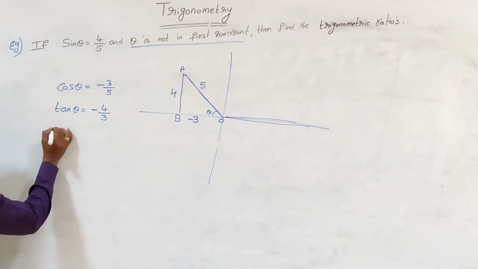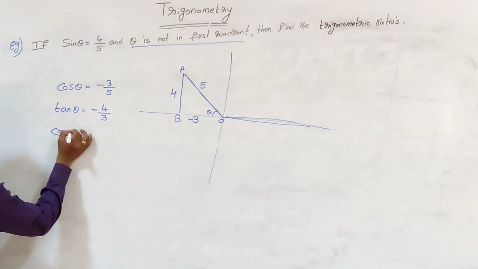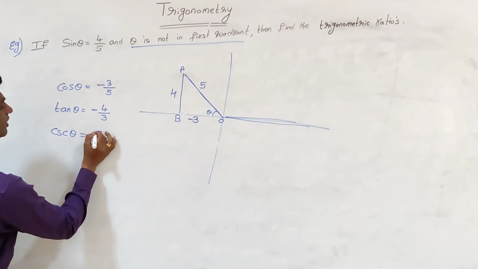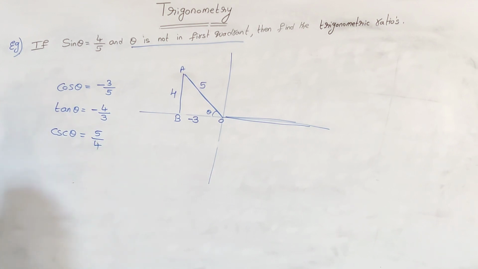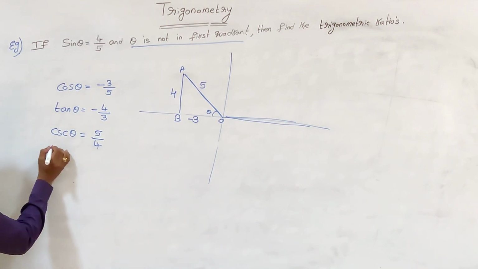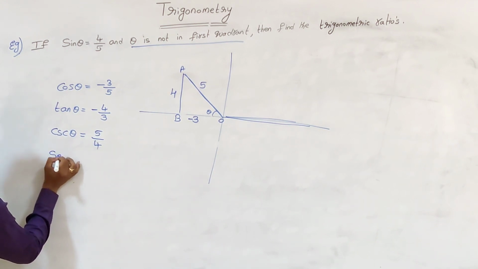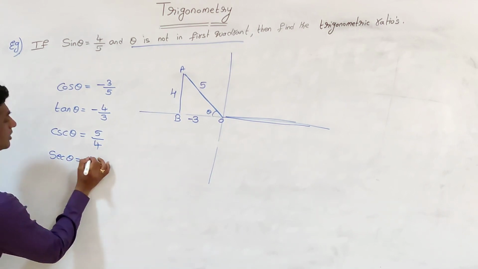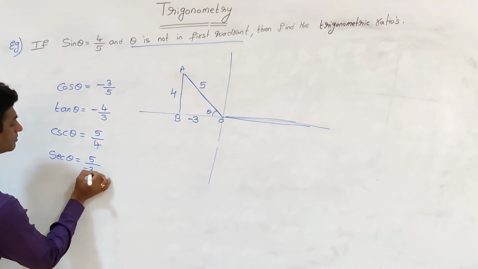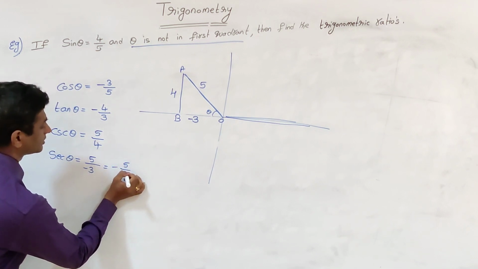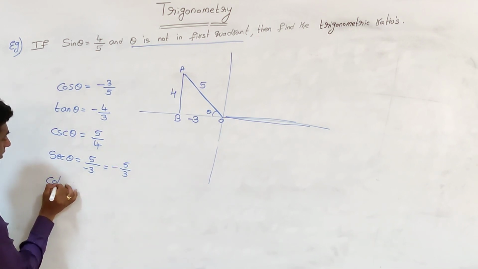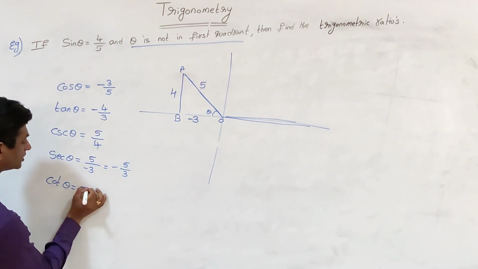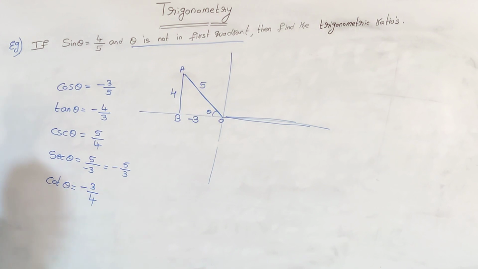Next, cosecant theta, hypotenuse by opposite side, 5 by 4. Next, secant theta, hypotenuse by adjacent side, 5 by minus 3, that will be minus 5 by 3. Cot theta, adjacent side by opposite side, that will be minus 3 by 4.